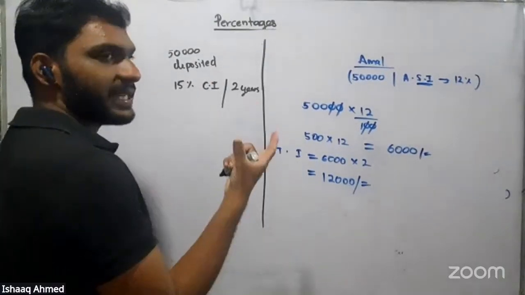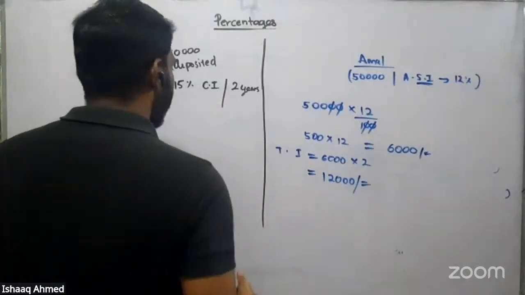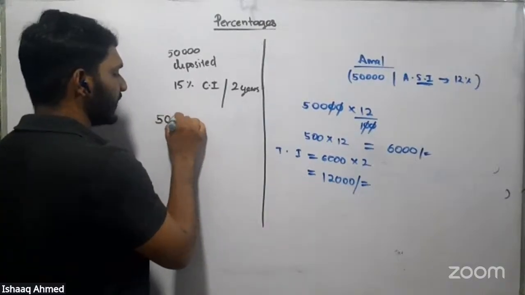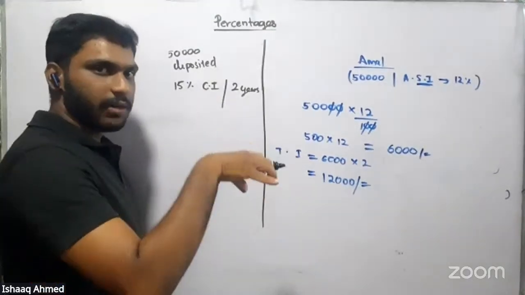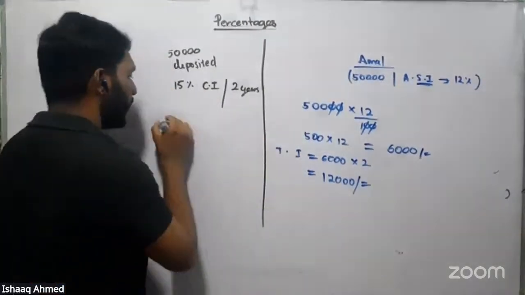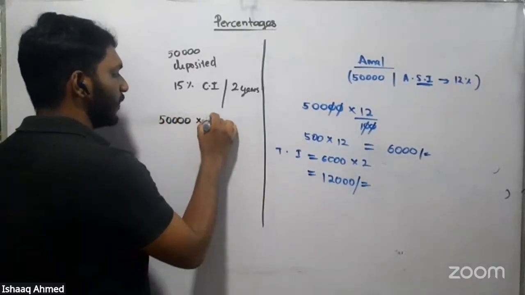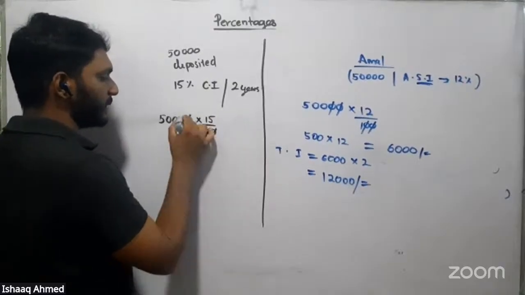So after the first year ends, how much will be there in this account? That's the second question. So we'll calculate the interest. First year means, what is the only thing that's inside the account? 50,000. So for 50,000 only we calculate interest. 50,000 into 15 over 100 because 15%. You can cut this and this.